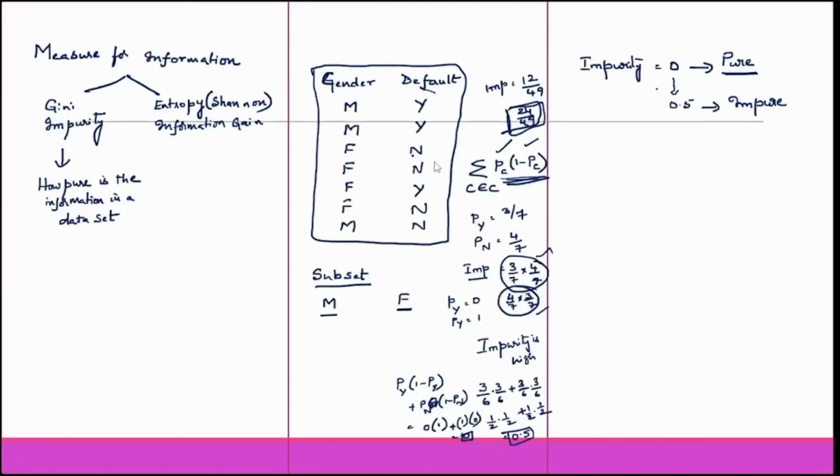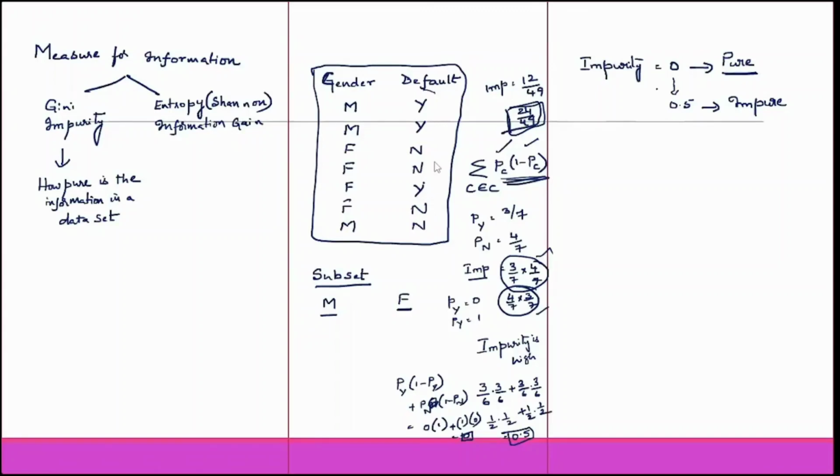So right now, if I don't do any kind of splitting, my impurity is around 0.49, or 24 by 49, which is almost equal to 50%. In this case, we say the data is very impure.